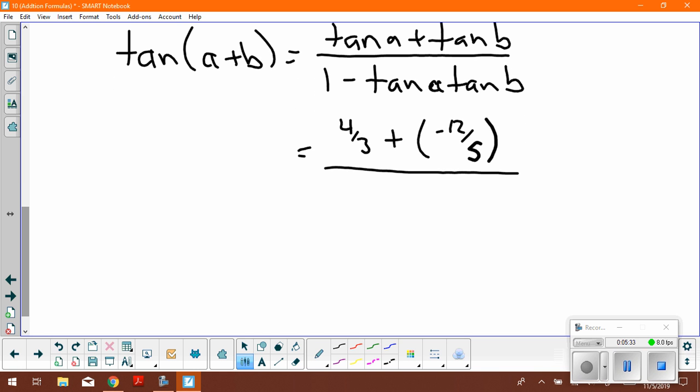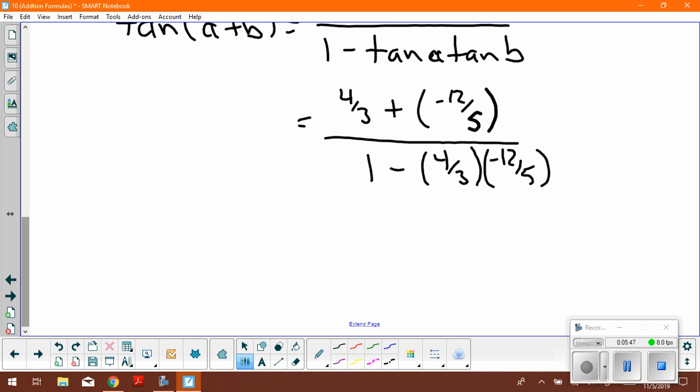Okay, in the denominator, I have 1 minus 4/3 times negative 12/5. Okay, so now I'm going to start cleaning this up a little bit. In the numerator, I'm going to need to get a common denominator, which would be 15.